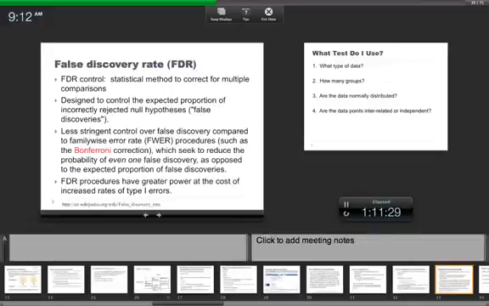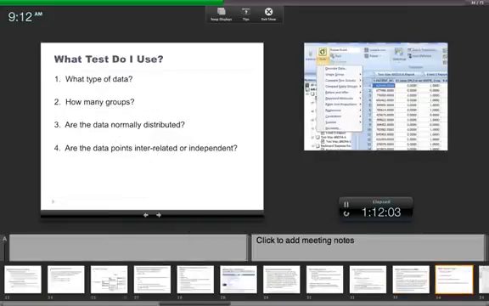So therefore, people have proposed new methods of false discovery rate control methodologies to apply for these genomics or proteomics or transcriptomics, all these omic type of experiments, at the cost of increased rates of type 1 error to improve the power of the discovery, to identify more information, to get more out of these microarray tests.